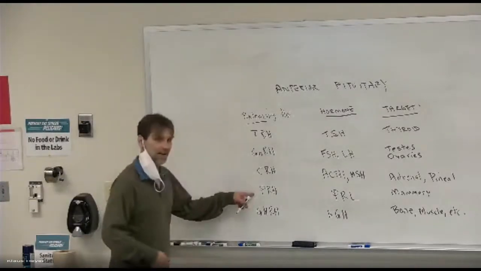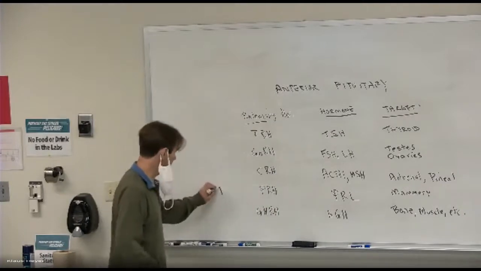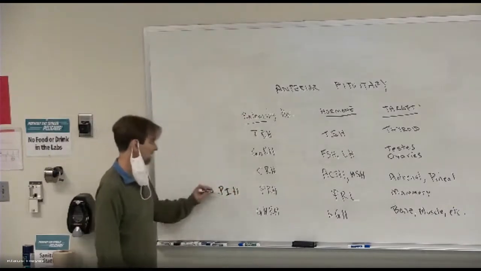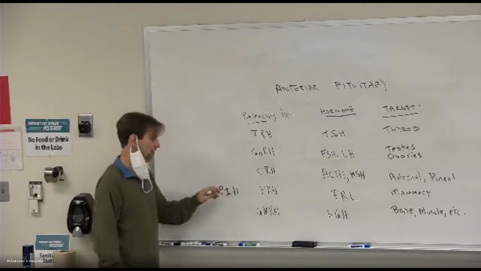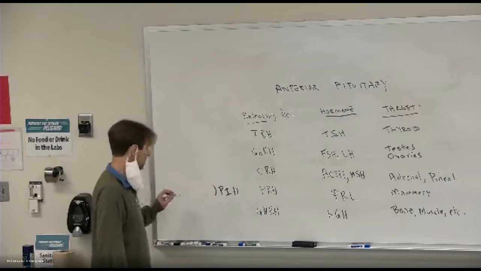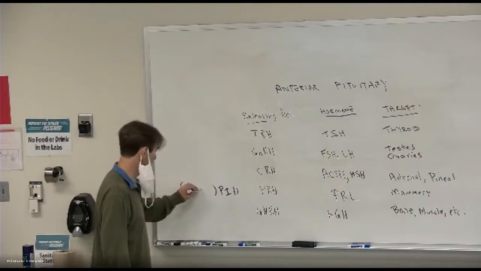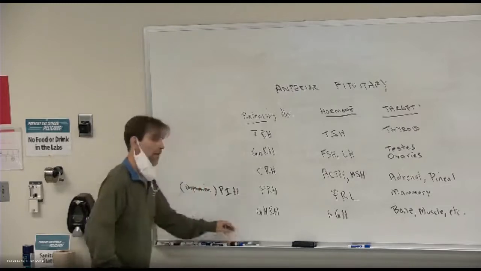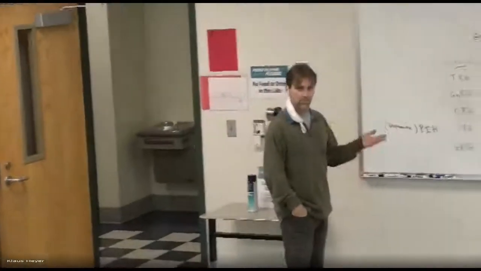So this one has an inhibiting hormone. I'm going to call it PIH, prolactin inhibiting hormone. So there is a releasing hormone, there's also an inhibiting hormone, which is also called dopamine. In fact, dopamine is probably the more common thing to say.